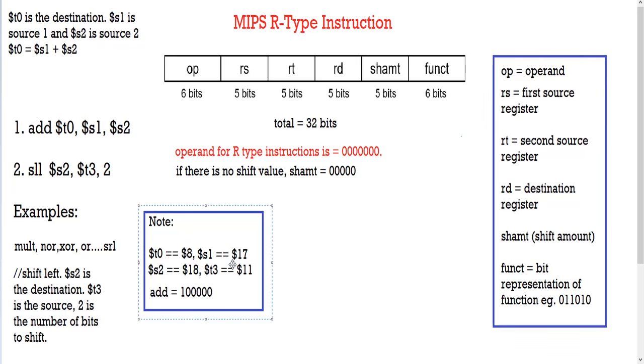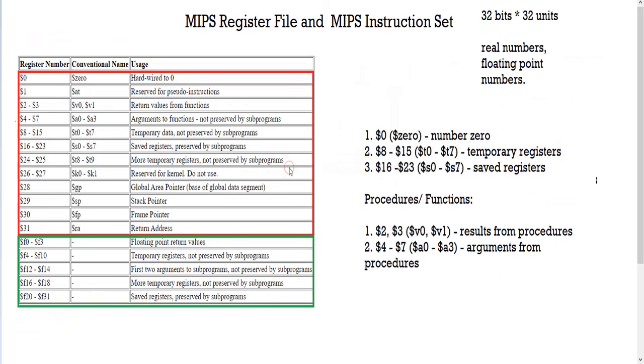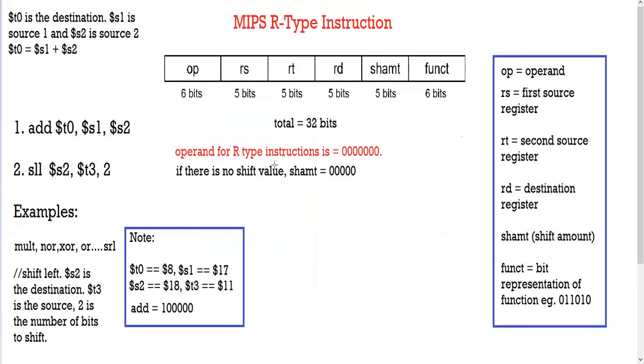For example, in the huge table, I'm just going to show that to you guys again. In this table, see that T0 was equal to register 8 and S0 was equal to register 16. So this is where I got the values from, so don't be confused in that regard. Going back here, T0 is 8.